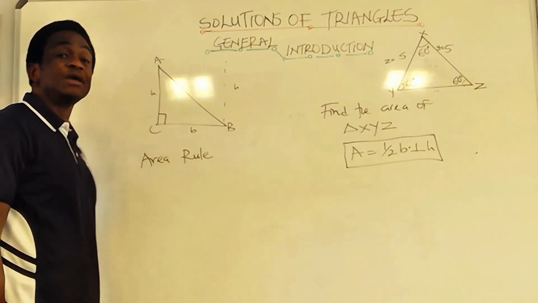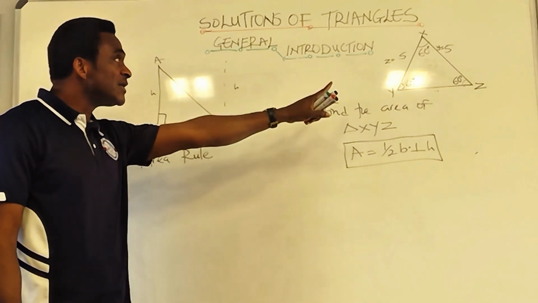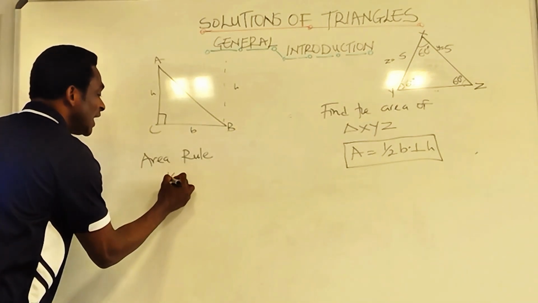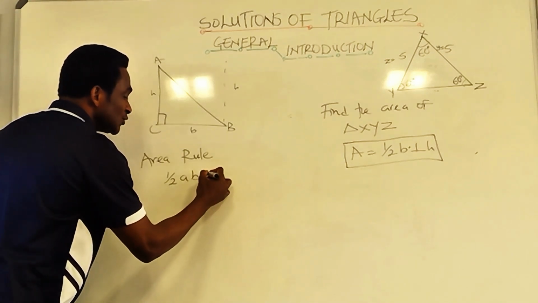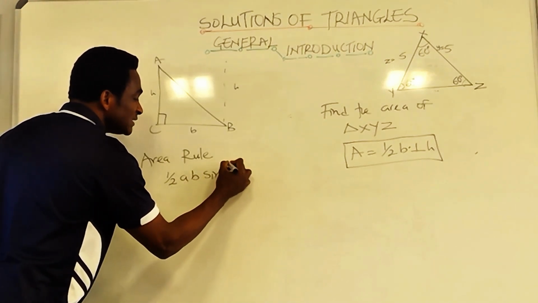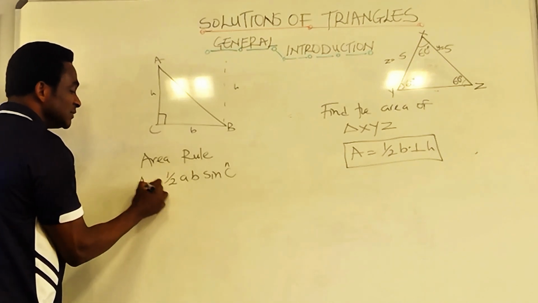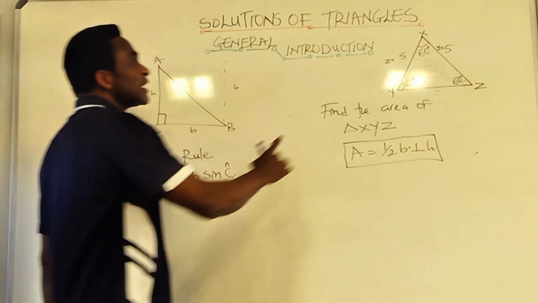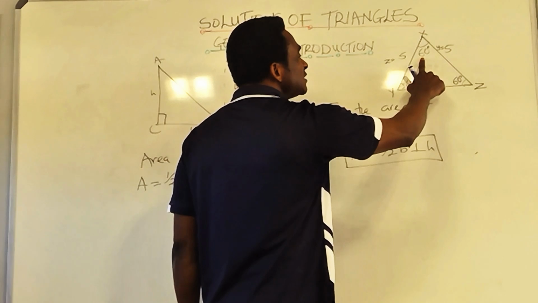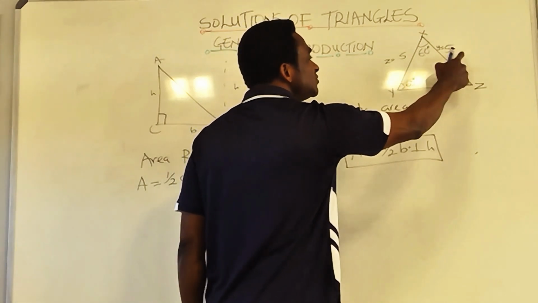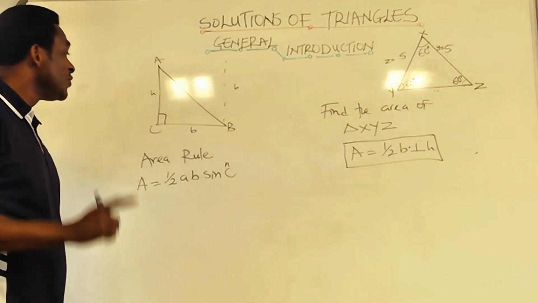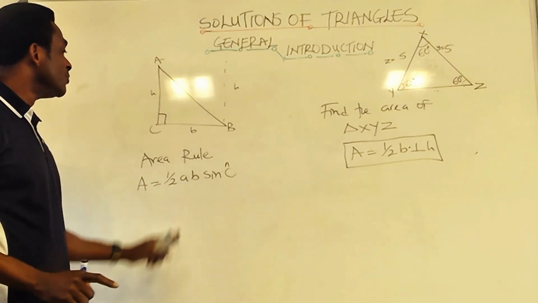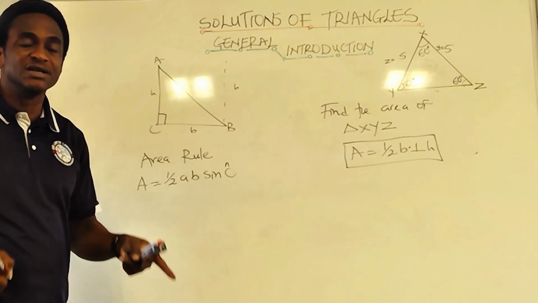For the area rule, we say that it is half of the 2 sides times their included angle. So if I'm working with this, it must be half of the 2 sides given times their included angle. Please remember, for you to use area rule, you must have 2 sides and the included angle.